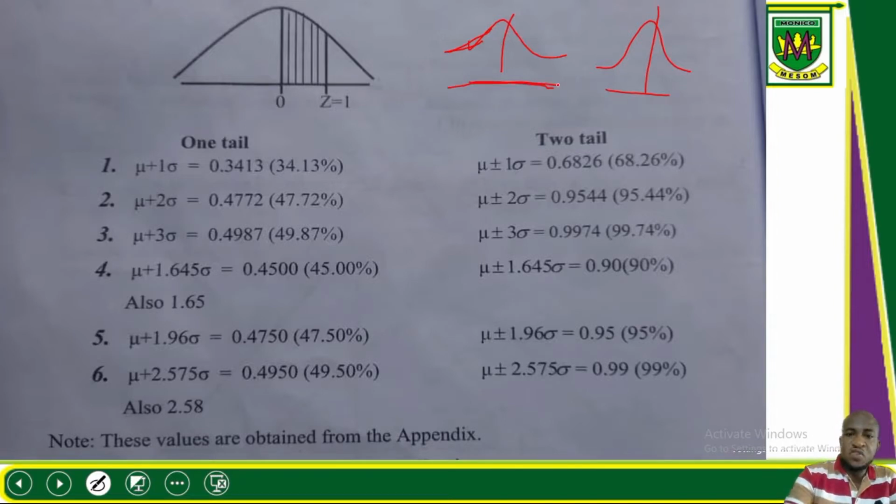Anytime a researcher is moving in one direction, that is the one-tailed, it's likely the researcher may go the left way or the researcher may intend to go the right way. So just moving one direction is one-tailed. That is the mean, the middle value. So moving one direction is one-tailed.